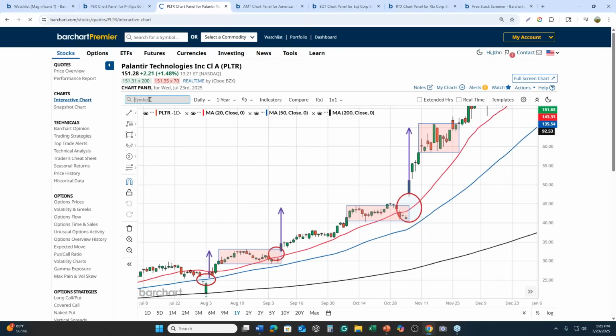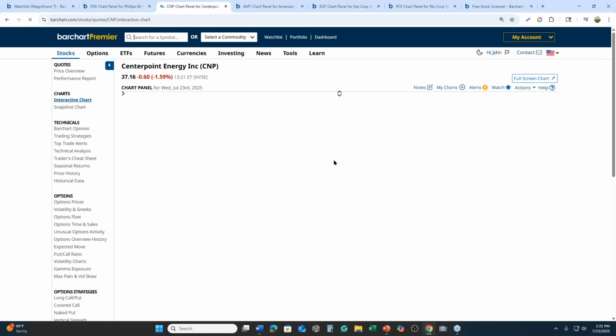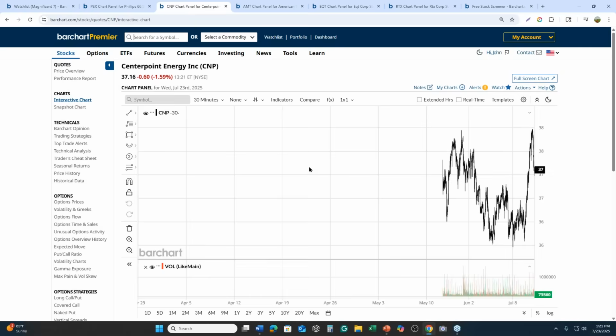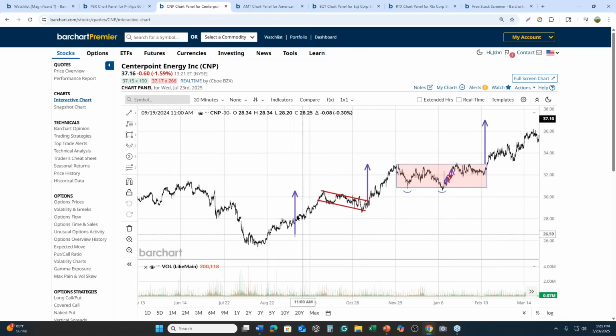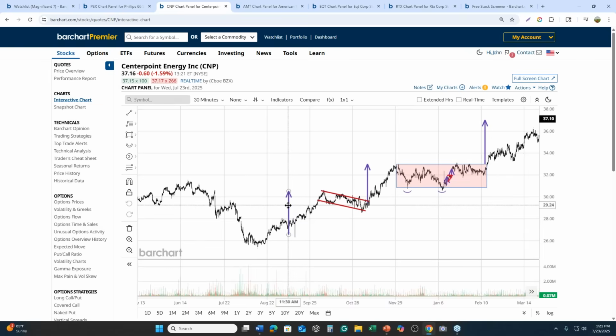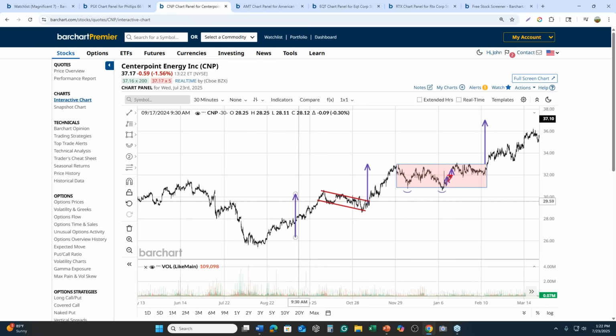This is CenterPoint Energy in that AI space. Again, here's that impulse. You can see a little bit of a down candle here, but this impulse, correction, nice little flag, impulse, correction, impulse.